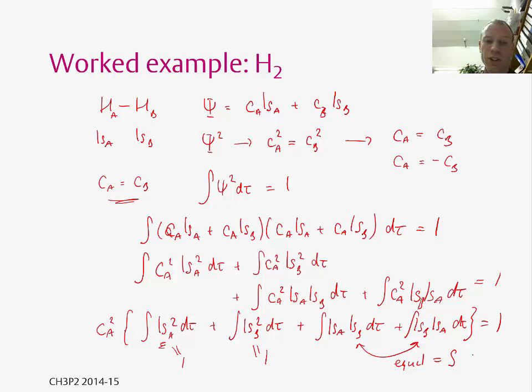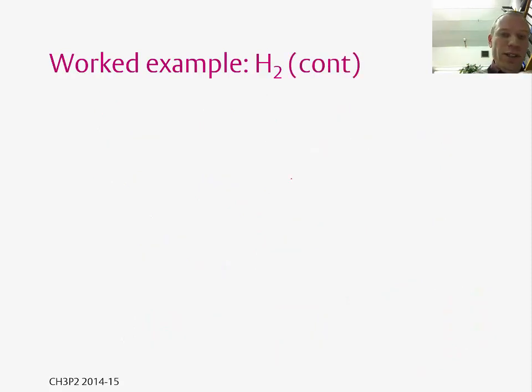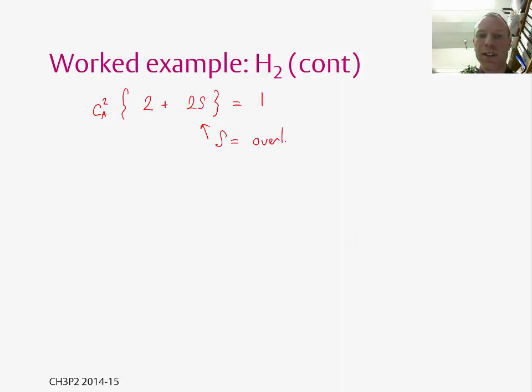So I'm going to go on to a new slide and rewrite the equation. So we had Ca squared multiplied by 2 plus 2s is equal to 1. Here I've substituted in s from before, and I've put together the two ones from the normalized atomic orbitals. This thing here, s, is the so-called overlap integral.